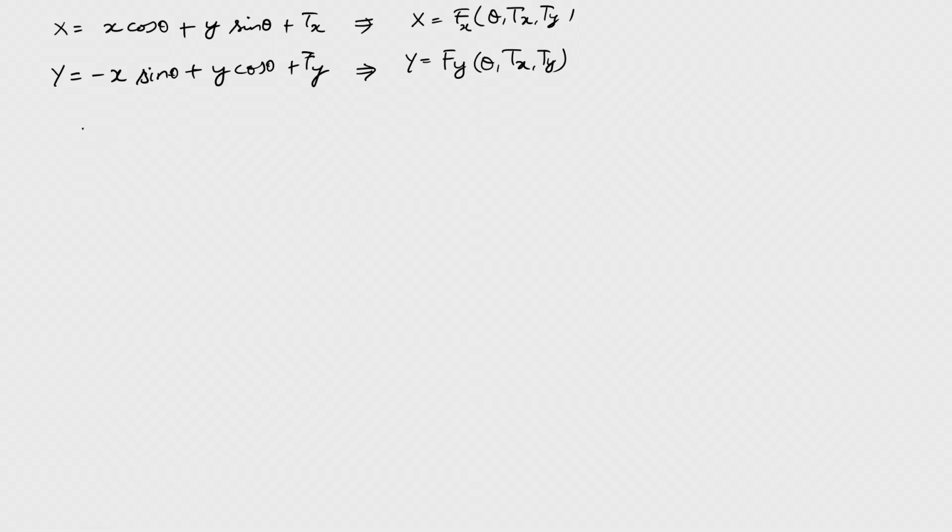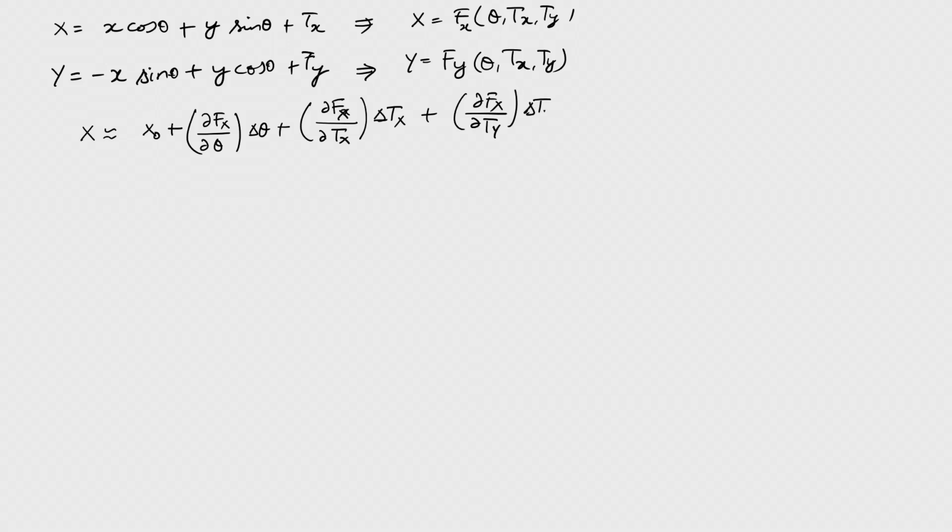Use the Taylor series and write it approximately as, let us say, x0 value, which is the initial value here, then dou f x divided by dou theta into delta theta, that is the first order approximation by Taylor series, dou f by dou T x into delta T x, and here again I am writing dou f x by dou T y delta T y.